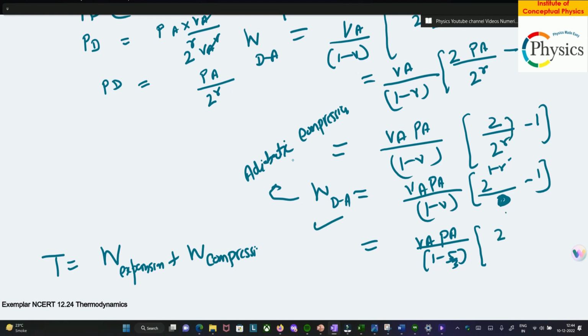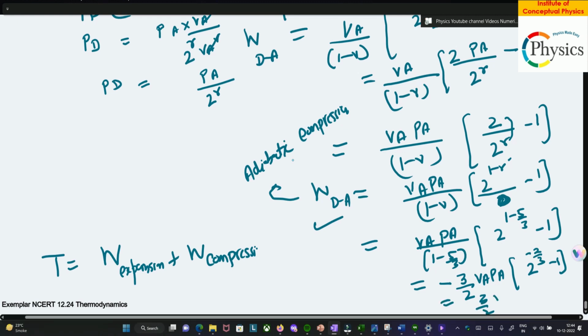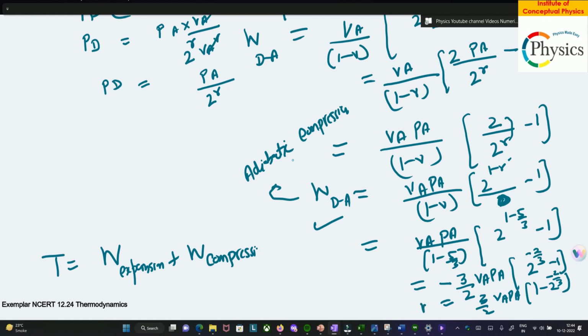So 2 raised to power 1 minus 5 by 3 minus 1 is equal to minus, again the 3 will go up, 3 VA PA 2 raised to power minus 2 by 3 minus 1. You can take the negative sign inside. VA PA 1 minus 2 raised to power minus 2 by 3. So this is your work done from D to A.